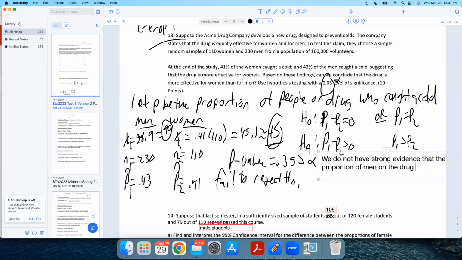It takes longer to write the sentence than it does everything else. And it's implied there, I mean, the proportion of women on the drug that caught a cold.